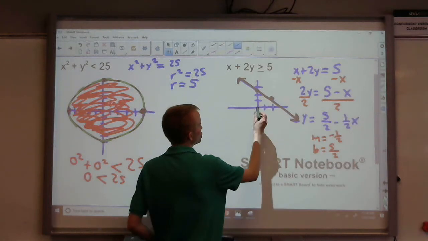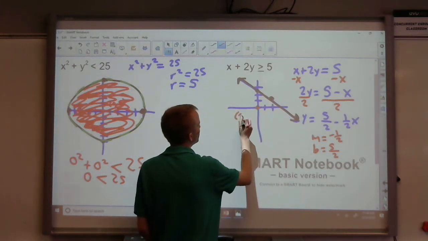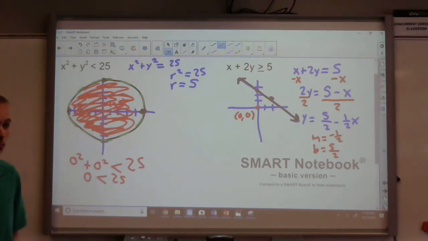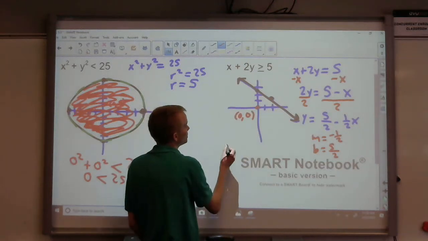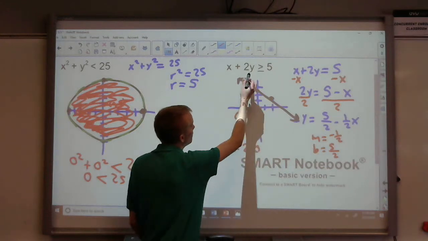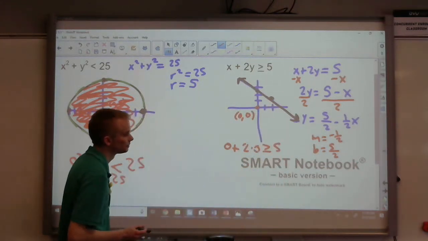So let's just plug in, I don't know, a good place maybe to plug in again. Let's do 0, 0. That seems like a pretty nice place. So I'll plug in 0, 0. When I plug in 0, 0, I get 0 plus 2 times 0 greater than or equal to 5.